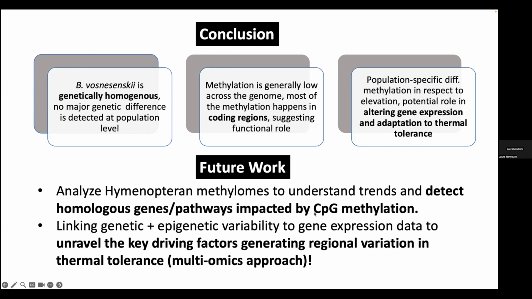For future work, we are currently looking at another species in the same region, Bombus vancouverensis, replicating the same type of study, and we are also collecting RNA-seq and methylome data to look at the links between these multiple stages of biological organization.